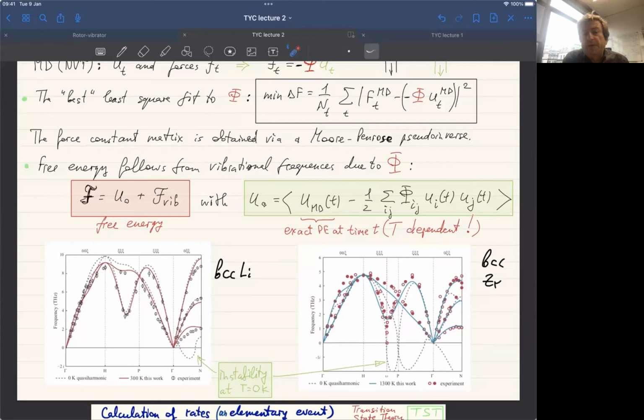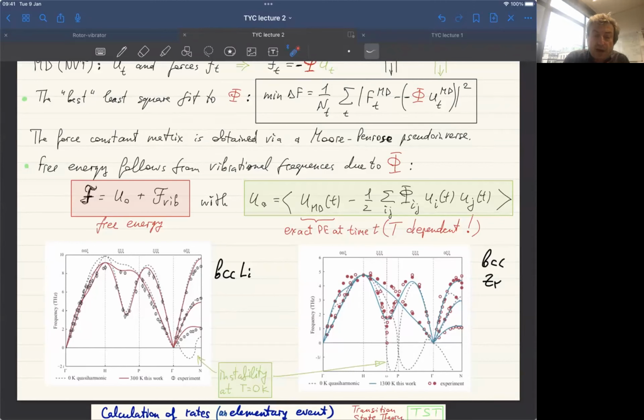So if omega square is negative, that means that omega is purely imaginary, and that corresponds to an instability in the system. The system would not like to stay in that equilibrium position. When you displace atoms, the energy is reduced. So this is not a minimum; it's rather a saddle point.